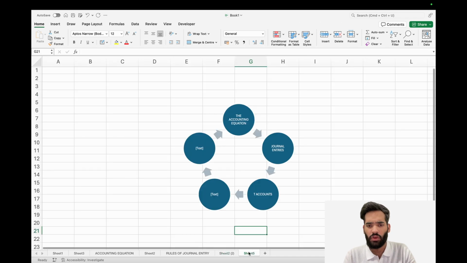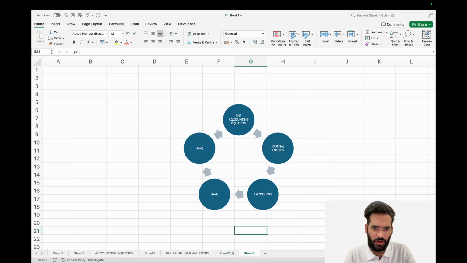Because if we go further in our accounting cycle, we will learn the accounting equation, journal entries, T accounts, and there will be more things until we will also make the financial statements like the income statement to calculate the profit, and the balance sheet to report on the assets, liabilities, and equity. We'll talk about that, don't worry at the moment. But just to let you know, we do need to know the total balances at the end of the year so we can make those reports that we are supposed to make for a certain period of accounting time.